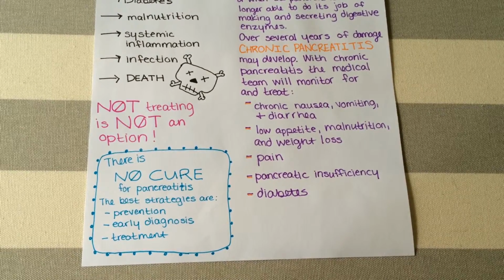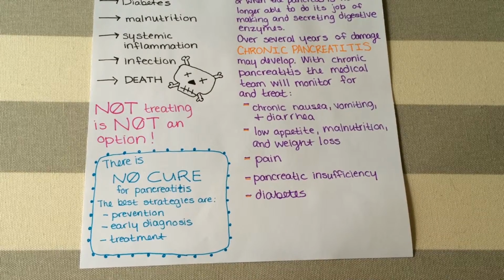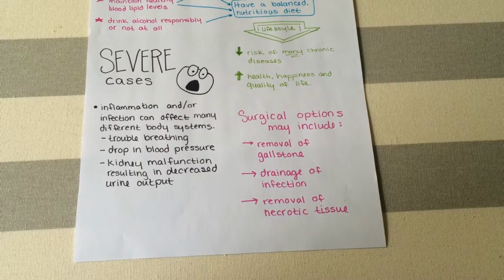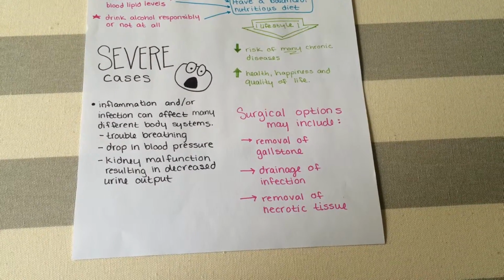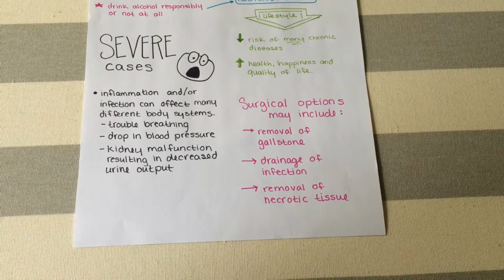As there is no cure for pancreatitis, the best strategies are prevention, early diagnosis, and treatment. In severe cases of pancreatitis, inflammation and/or infection can affect many different body systems.